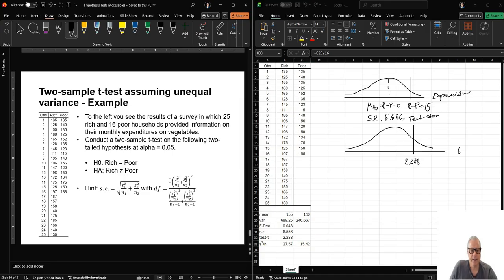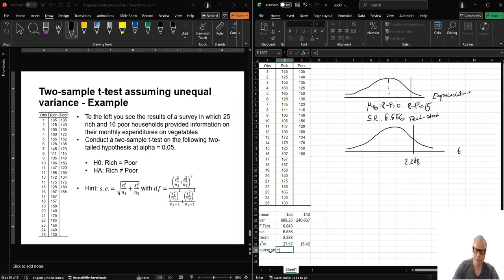Okay, so now the degrees of freedom consists of a numerator and a denominator. Let me just do the numerator first. So the numerator of the degrees of freedom formula is equal to S1 squared over N1 plus the variance of group 2 divided by the sample size of 2, squared.